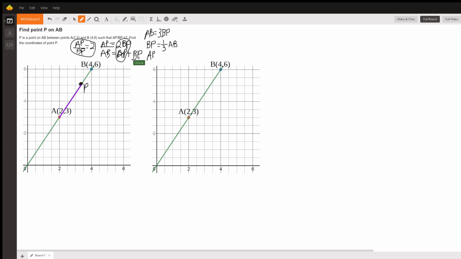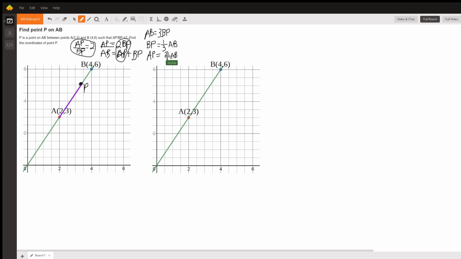And also because AP equals... sorry. So AP is twice BP, which means that AP is 2 times 1/3 of AB, or it's 2/3 of AB.